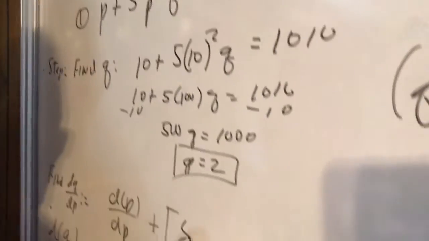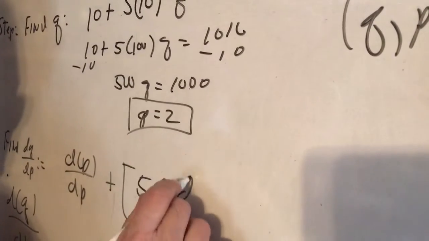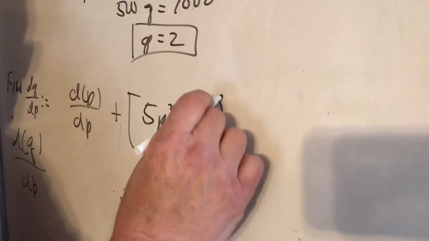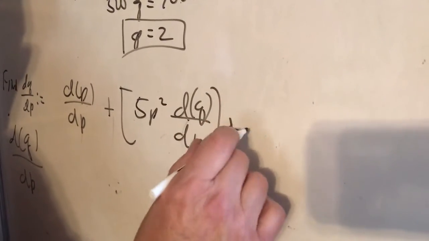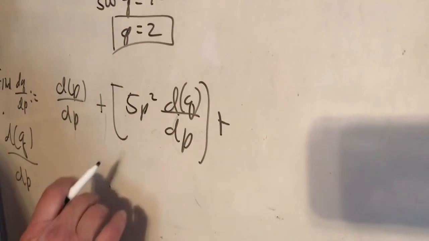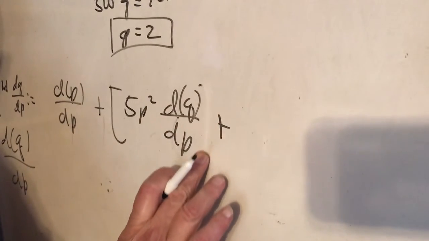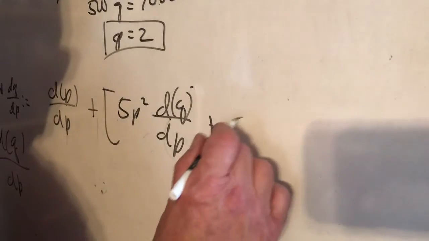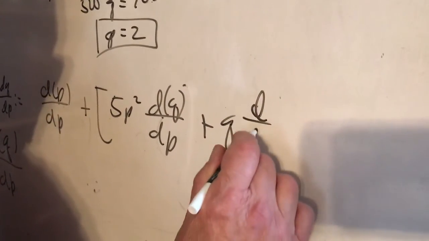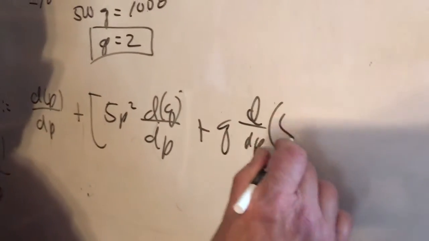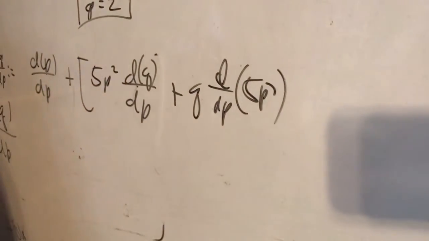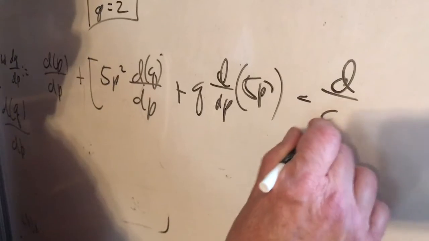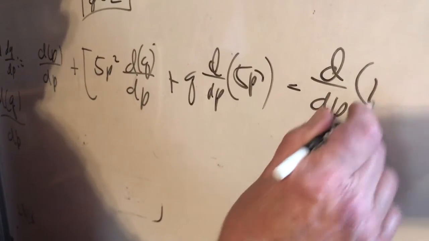I'm going to take the first times the derivative with respect to P of Q, plus the second, which is Q times the derivative with respect to P of 5P squared. And on the other side, I take the derivative with respect to P of 1010.